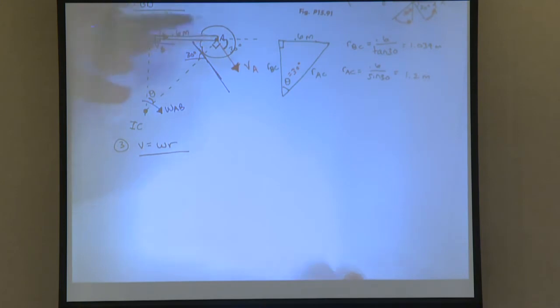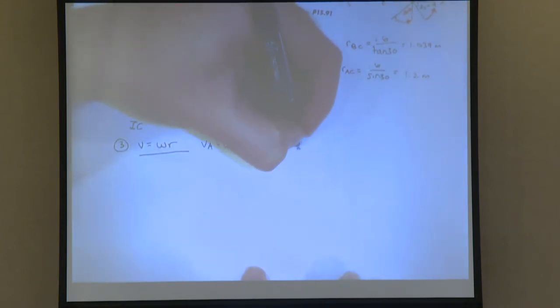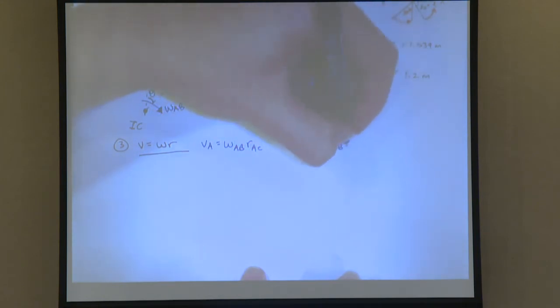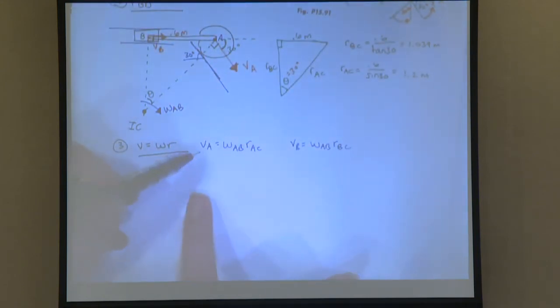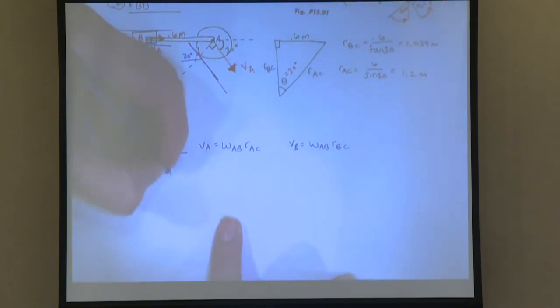So VA equals omega AB times RAC. And I also have VB equal to omega AB times RBC. Well, I know VA, I know RAC, so I can find omega AB from that.